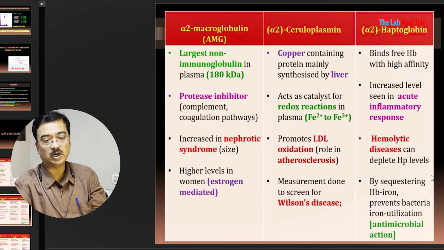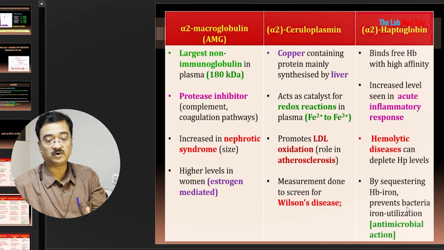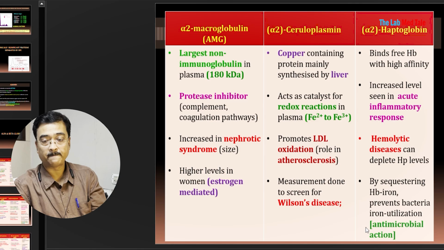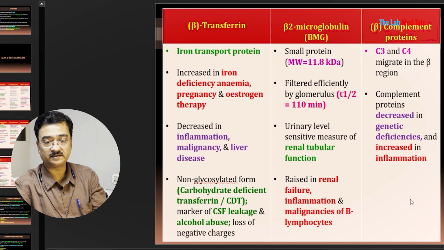Alpha 2 are alpha 2 macroglobulins, ceruloplasmin, which is a copper containing protein mainly present in the liver, and this is also an acute phase reactant, and measurement is done for screening of Wilson's disease. And alpha 2 haptoglobin you will find in detection of hemolytic diseases, otherwise it has nothing significant.